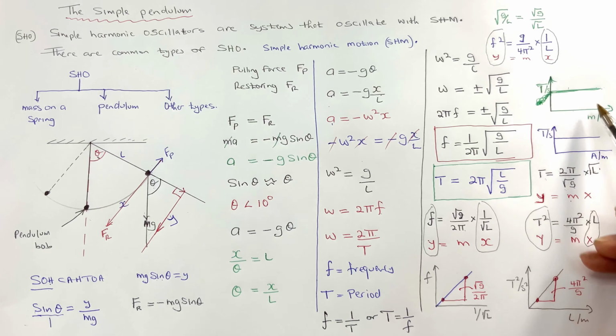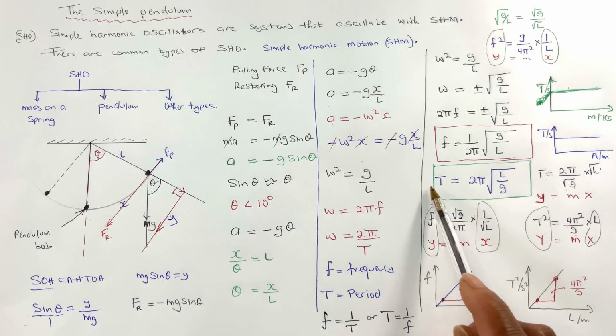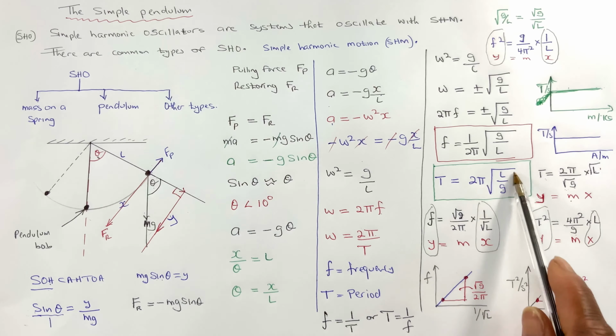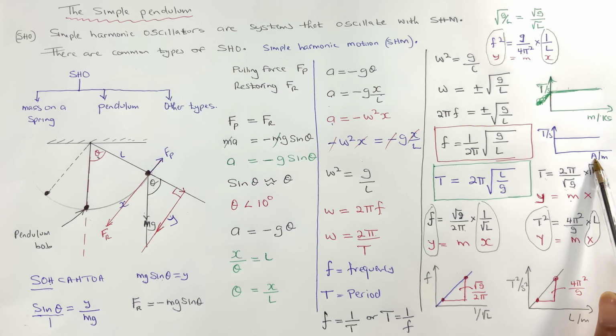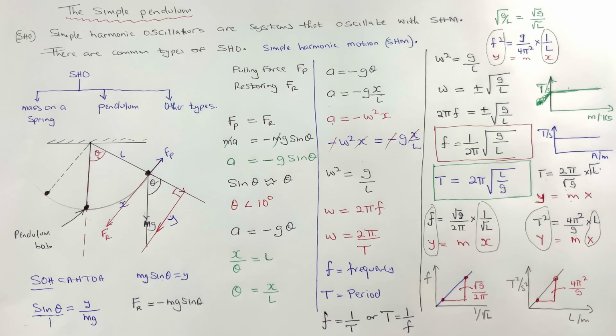If you plot T against mass in kilogram, you're going to get a constant graph because it doesn't depend on mass in the equation. And if you plot A, the amplitude, the maximum displacement, you're going to get a constant graph as well. So let's just say A equals amplitude, M equals mass.